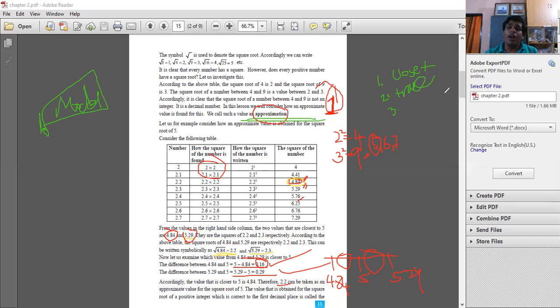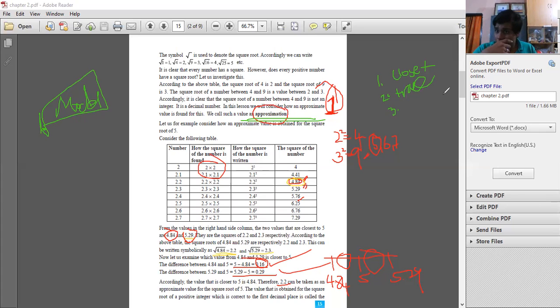Then we take the answers 2.1, 2.2, 2.3. The square root of 4 will be 2. The square root of 9 will be 3.